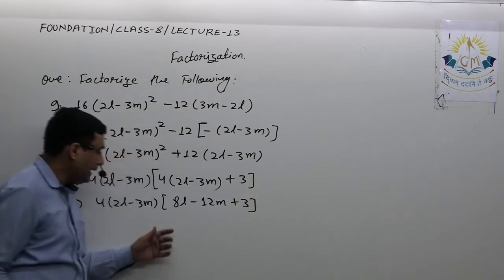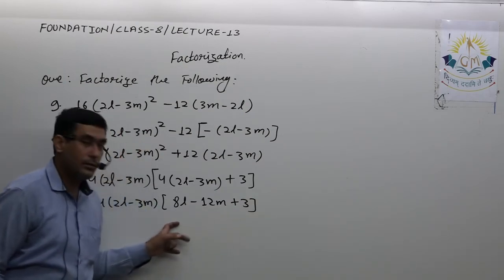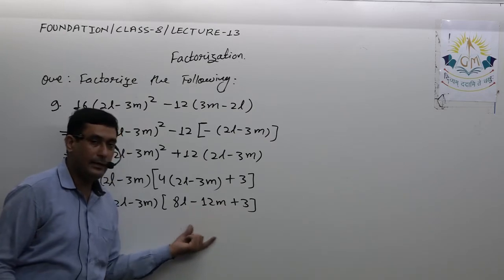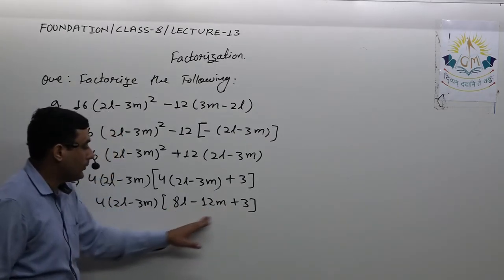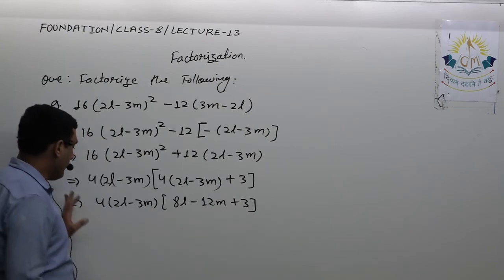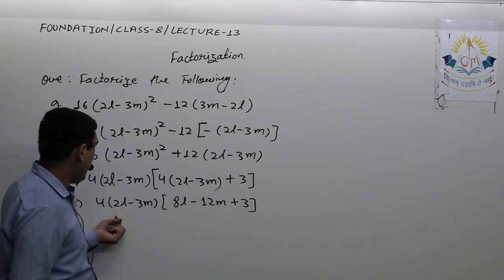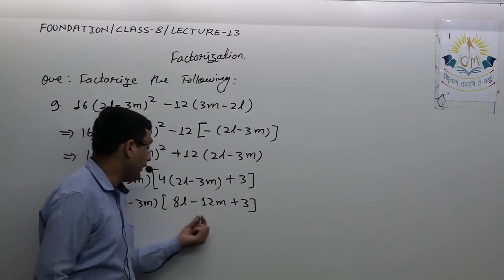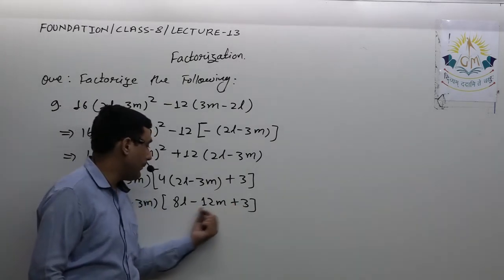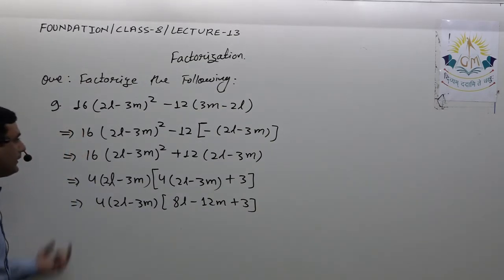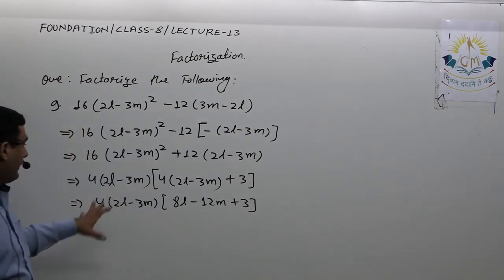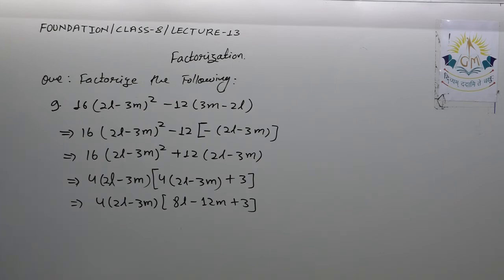Now you can see among these three terms there aren't any like terms, so this remains as it is, and it is not possible to take anything common. So this is my final answer: 4 multiplied by (2l minus 3m) multiplied by (8l minus 12m plus 3). So note it down. Then we'll see one more method to factorize the same algebraic expression.